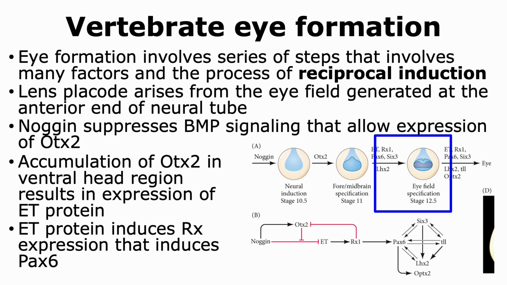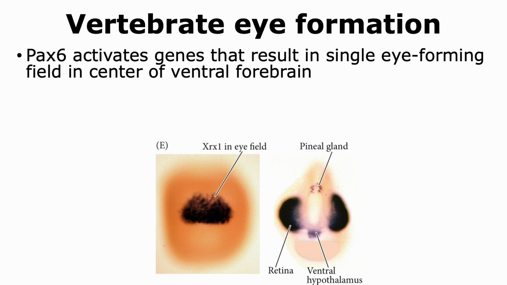When we look at the picture in the blue box, we can see that in the neural tube region, an eye field has been formed. PAX6 activates other genes, and all the activity of those genes results in a single eye-forming field, shown here in the blue box, located at the center of the ventral forebrain.